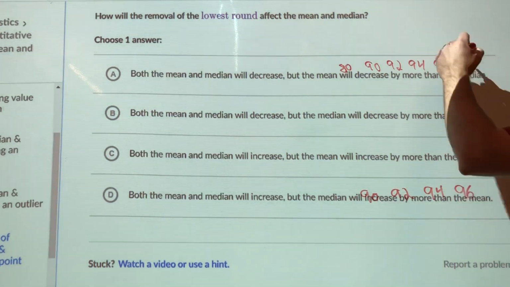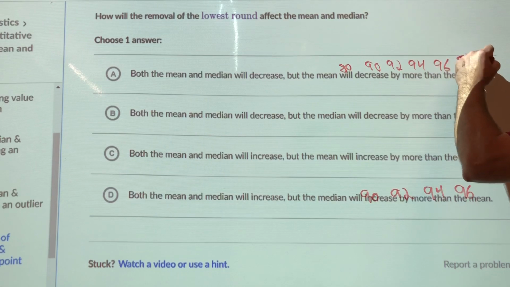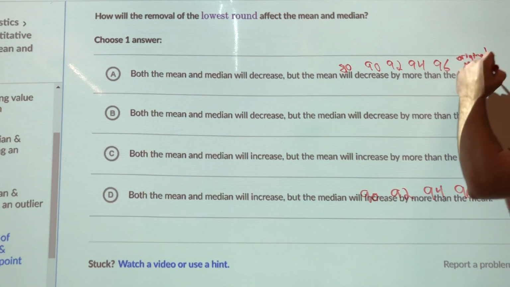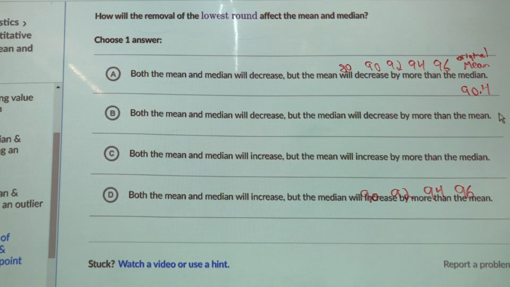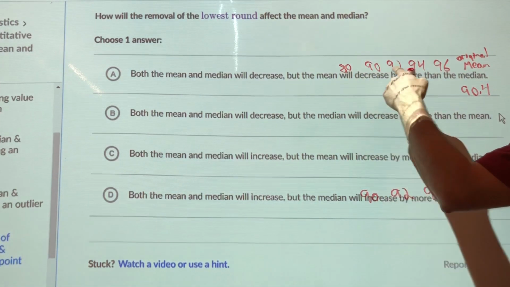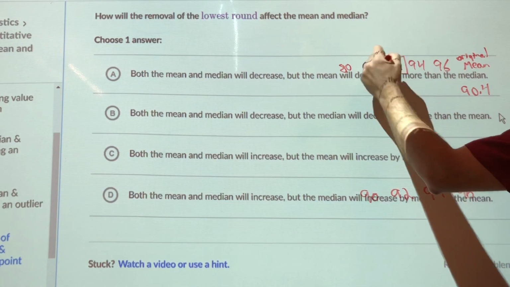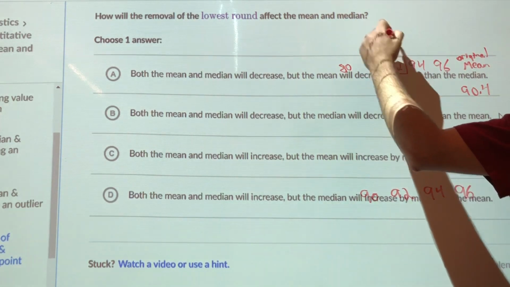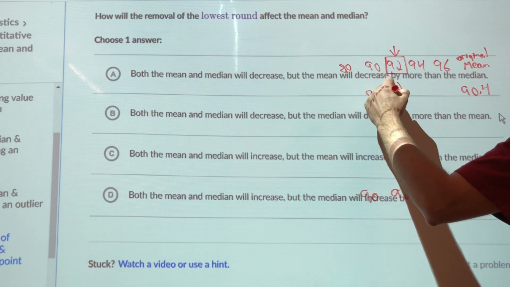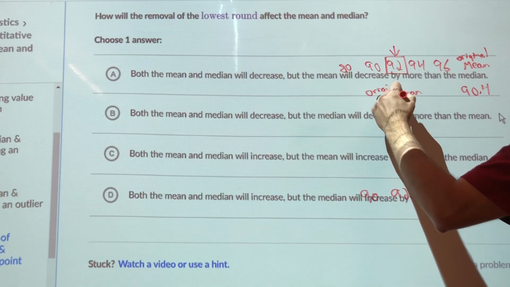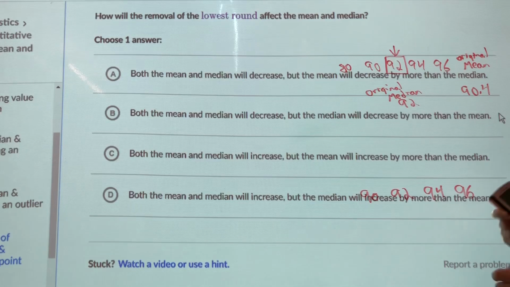So the original mean is 90.4. And the median, 1, 2, 3, 4, 5 terms. So if there's 5 terms, this is the original median, 92. So the original mean is 90.4, the original median is 92.